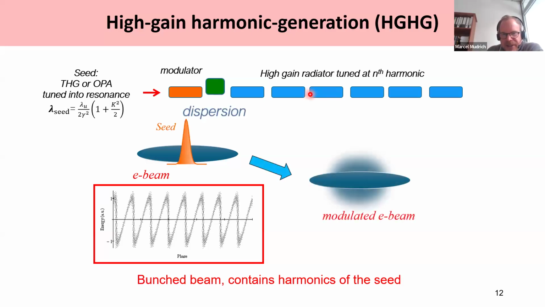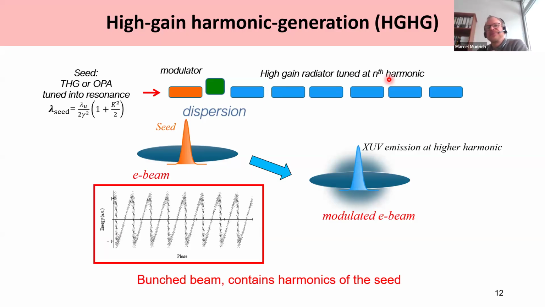And it's exactly one specific higher harmonic where the radiator is tuned to, which can be up to the 14th or 15th harmonic, that is actually being amplified. So the XUV emission in the radiator takes place at one selected higher harmonic of the seed.